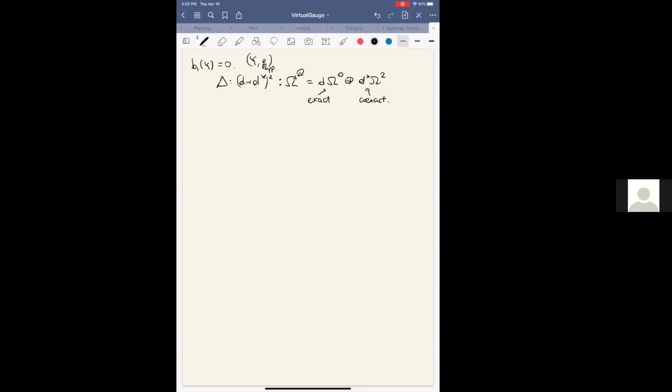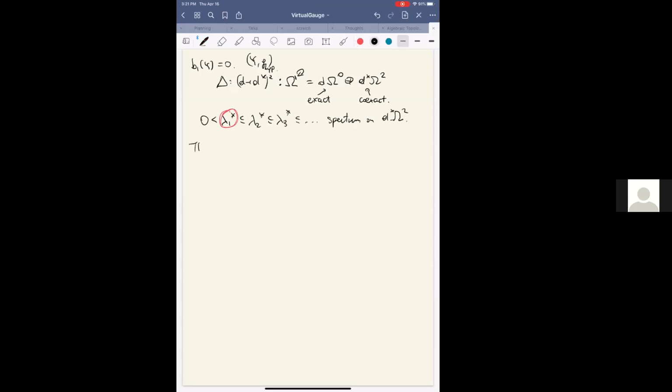And I look at the spectrum of the Laplacian on the second part. So I will have 0 less than lambda 1 star, less than or equal to lambda 2 star, less than or equal to lambda 3 star, and so on. This is the spectrum on d star omega 2, so these are the coexact eigenvalues. This first quantity turns out to be important when thinking about L-spaces.